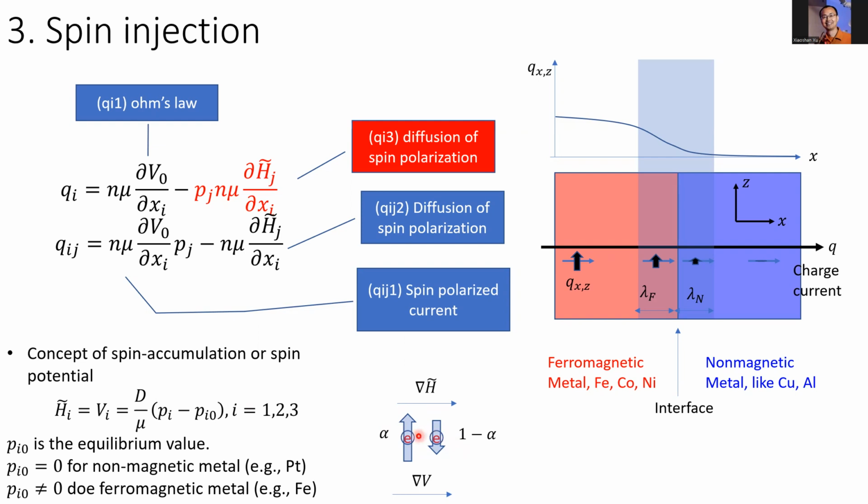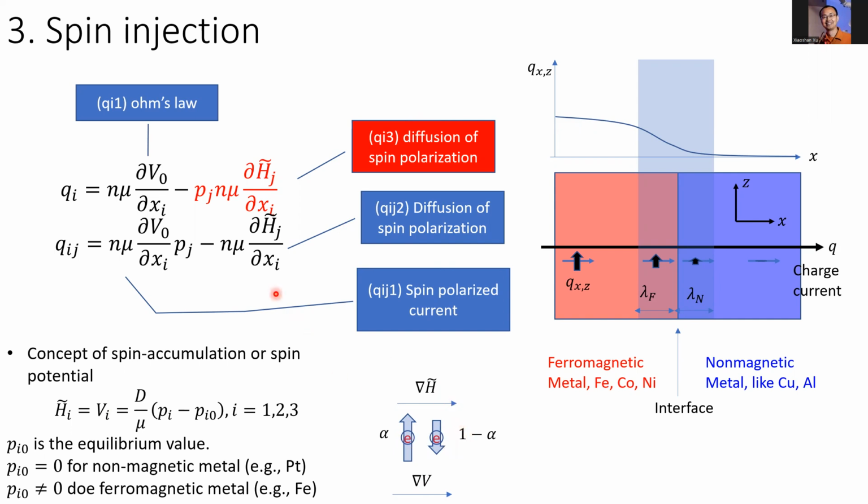Of course, the total spin polarization is proportional to PJ, which is the imbalance between the two arrows. If up and down arrows are the same, then it's totally canceled. So that's the spin diffusion. It's really just a gradient of spin polarization, and that gives us charge current.